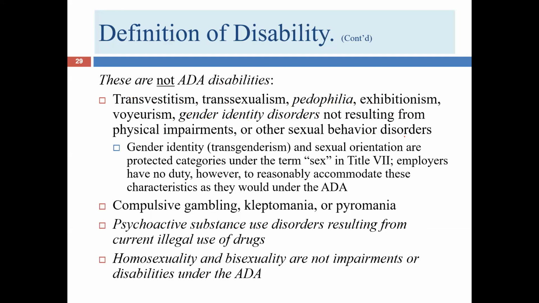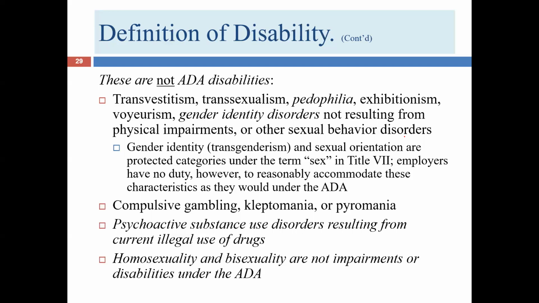So if someone is intersex, for example, and the old-fashioned and not appropriate term for it, that I'm going to share so that you know what I'm talking about, is hermaphrodite. The preferred term now is intersex.